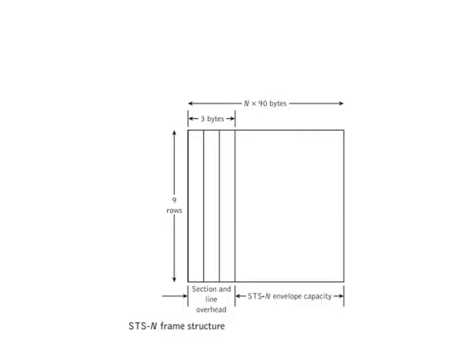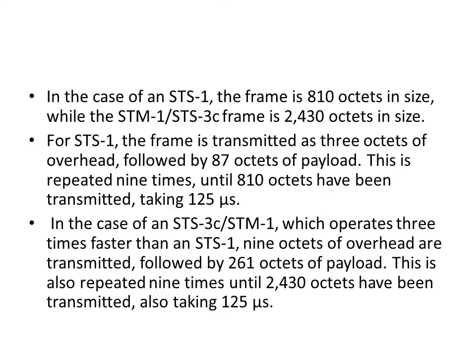You can make any frame structure, but the basic structure is STS-1. That is very important. You need to draw the diagram of STS-1. In the case of STS-1, the frame is 810 octets in size, while for the STM, it is similar to STS-3. It is transmitted as 3 octets of overhead followed by 87 octets of payload.